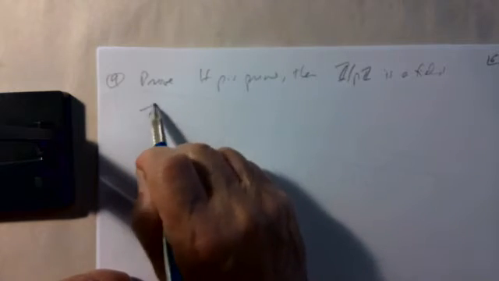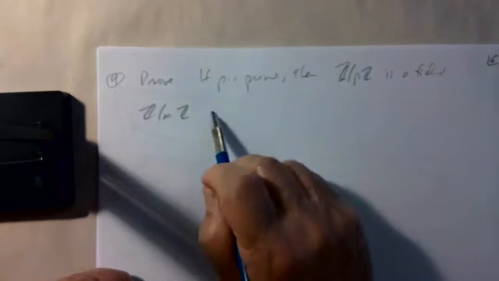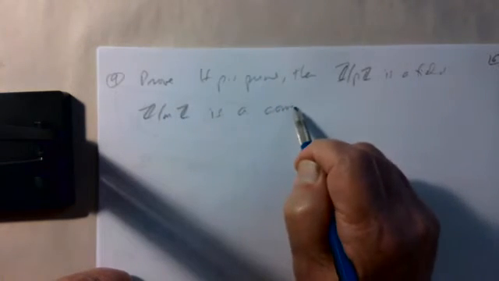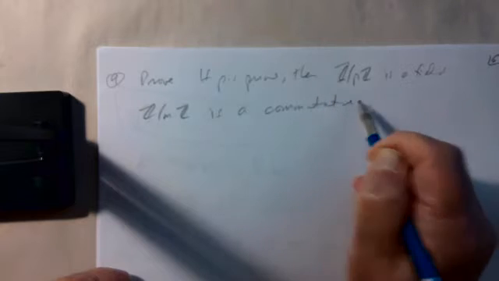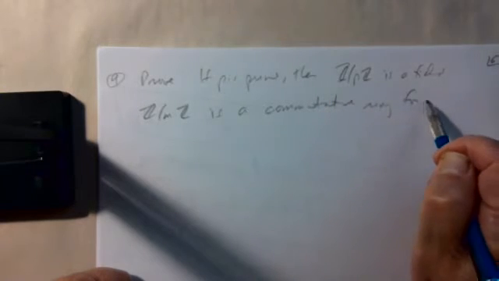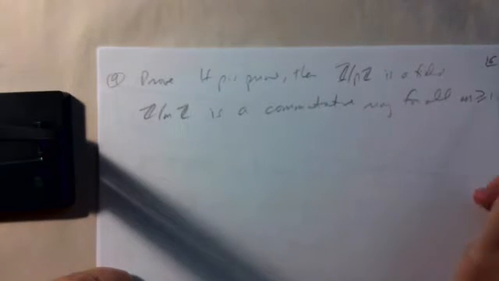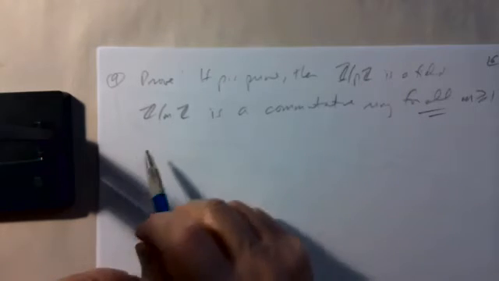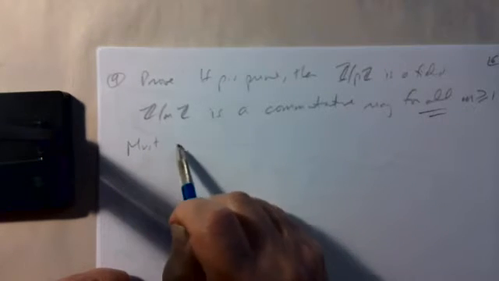So we know Z mod MZ is a commutative ring for all positive integers M. So what you have to show is that it's a field.